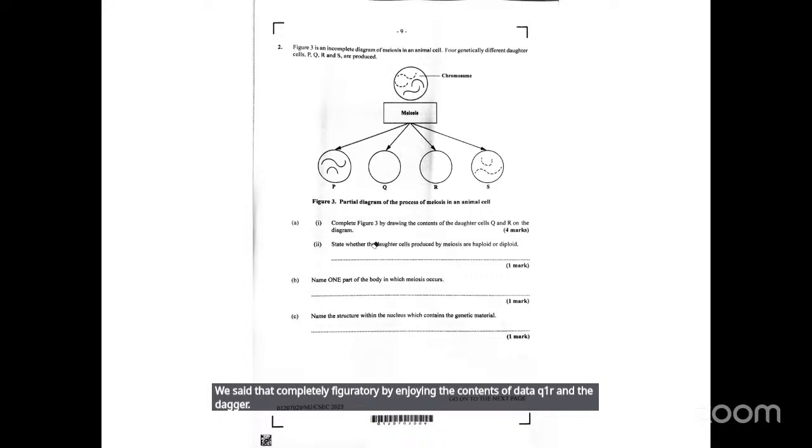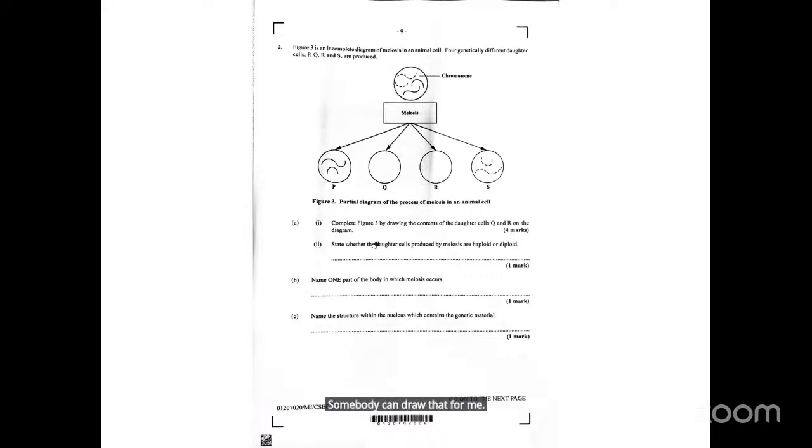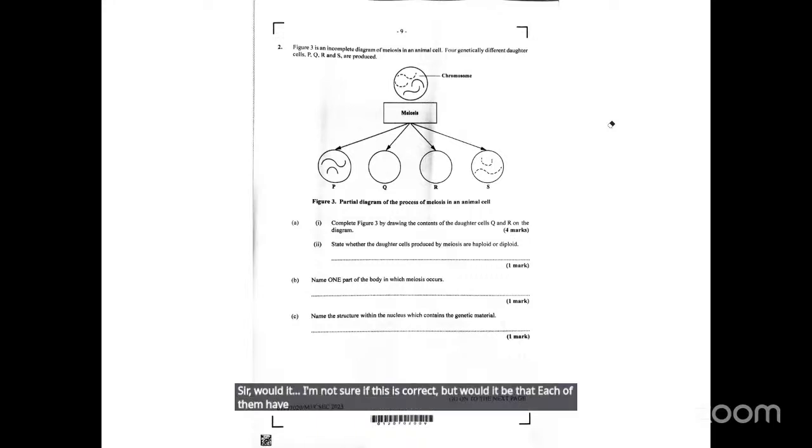Somebody can draw that for me? You can annotate. You know how to do that? Sir, I'm not sure if this is correct, but would it be that each of them have a broken line, quote unquote, and another one would have a fixed continuous line?